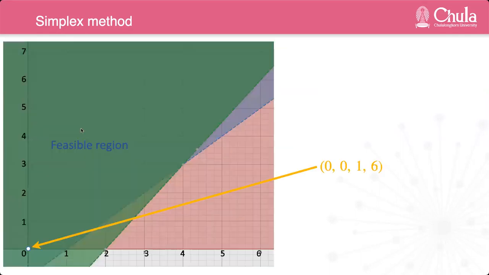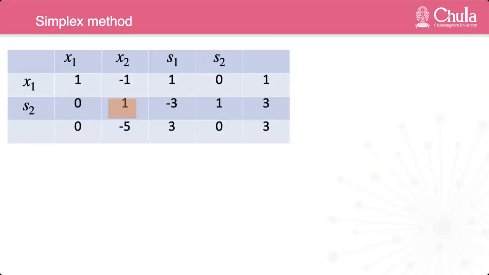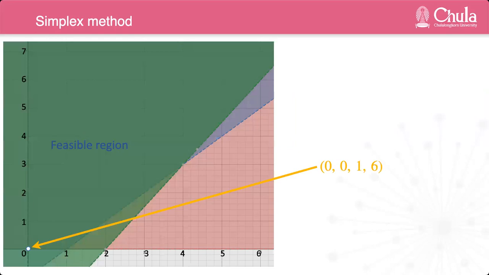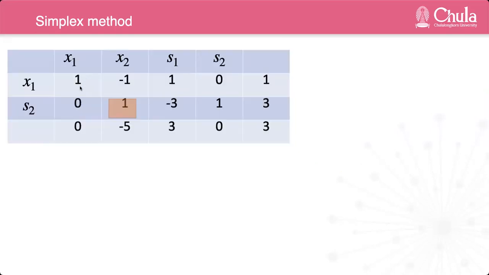Okay, we use row operation, and then we are at 0, 0, 1, 6, right? And then from row operation, we got 1, 0, 0. This column. The second column, we don't care about it. Yeah, it's still non-basic variable. S1 also non-basic variable, but S2 it's basic variable.